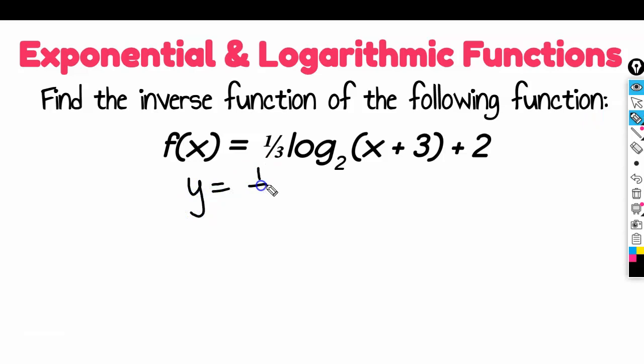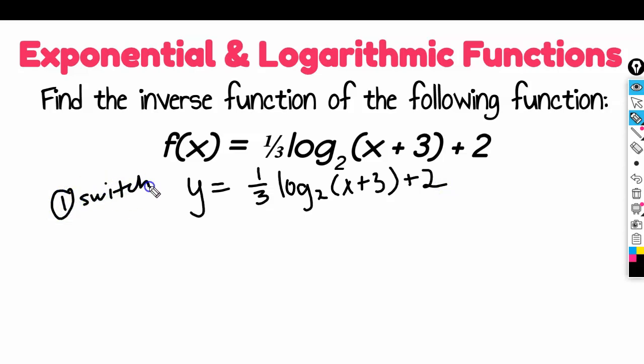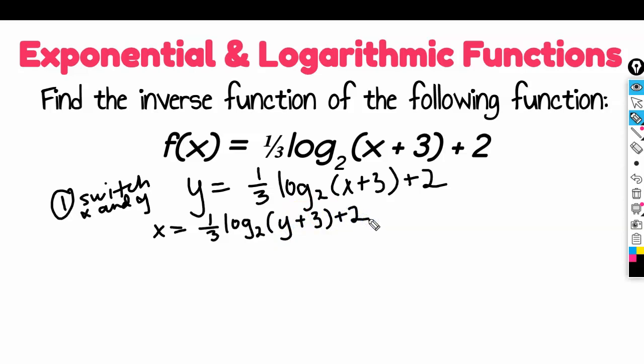First thing I like to do, y equals 1/3 log base 2 of x plus 3, plus 2. Then I like to switch x and y. I need to write smaller. Okay, first step done.